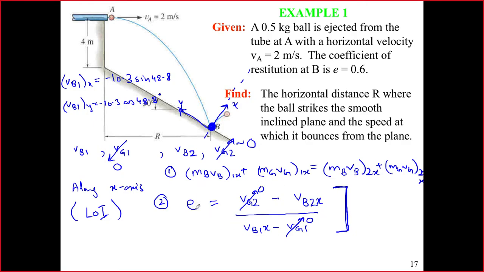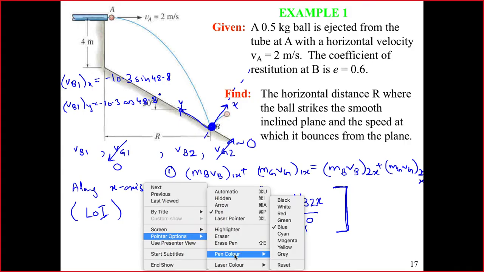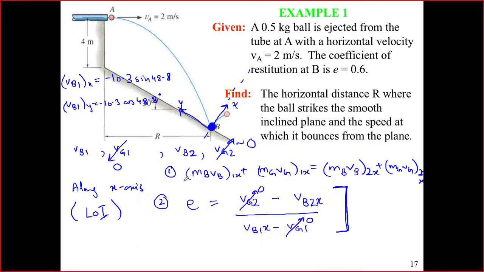So substituting all the values that we know, let me change the color. The blue just somehow for me is a little difficult to read. So e we know is 0.6. So 0.6 is going to be equal to minus VB2, velocity of the ball after impact in the x direction, where x is along the line of impact, divided by VB1x, which we know, we had already written it: minus 10.3 sine of 48.8.